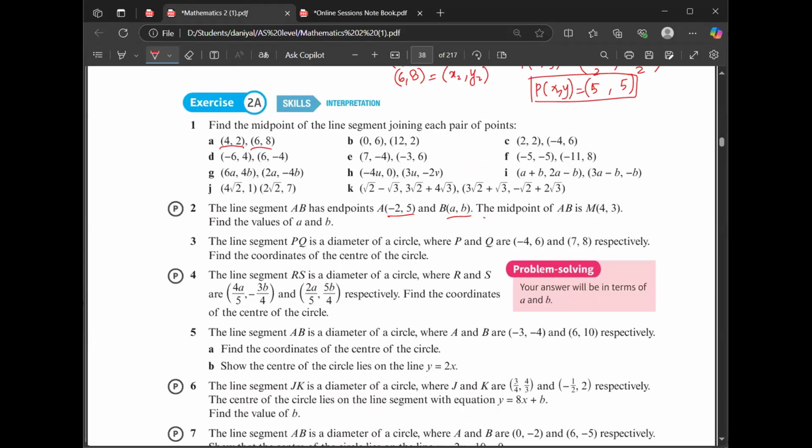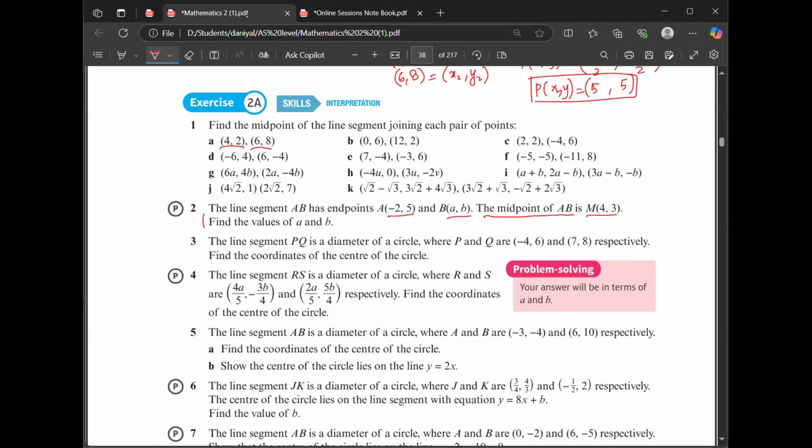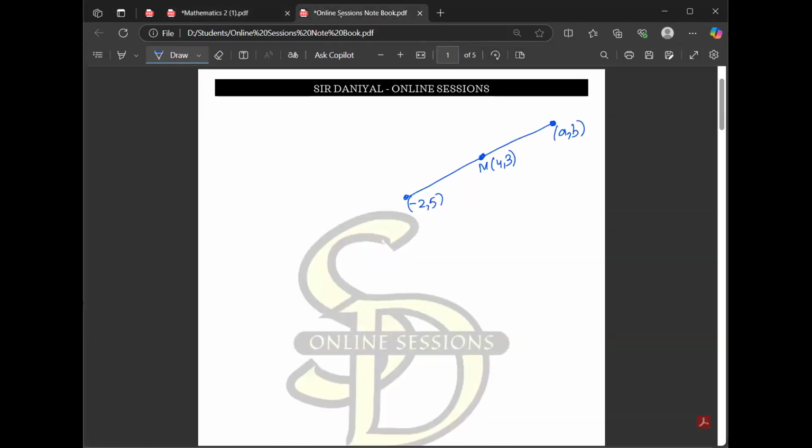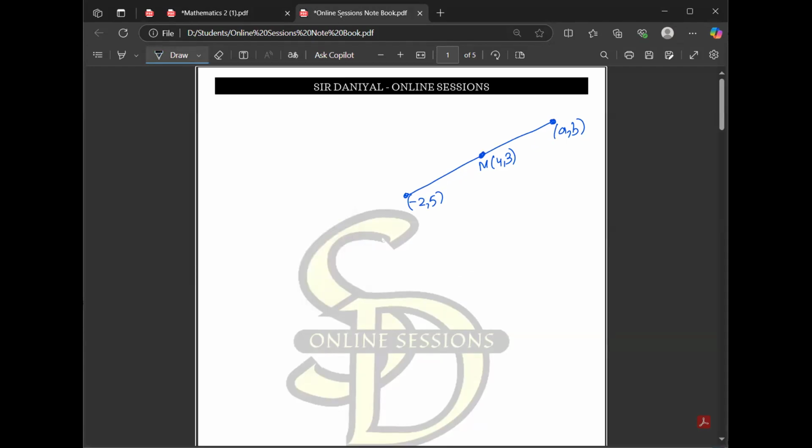And they are saying the midpoint of AB is M, 4 comma 3. So the midpoint of the line is this one, which is 4 comma 3. Now they want us to find the values of a and b. Okay, that is not very difficult. So -2 comma 5 would be considered as x1 comma y1, and this is considered as x2 comma y2, and this is our Pxy.